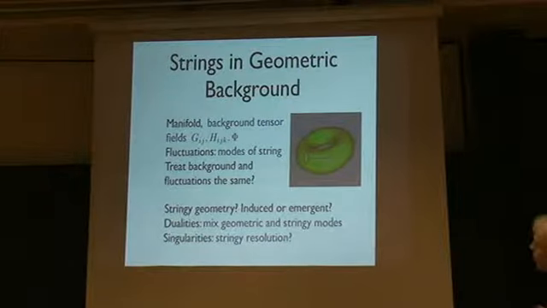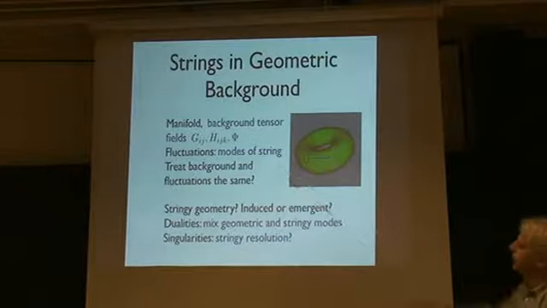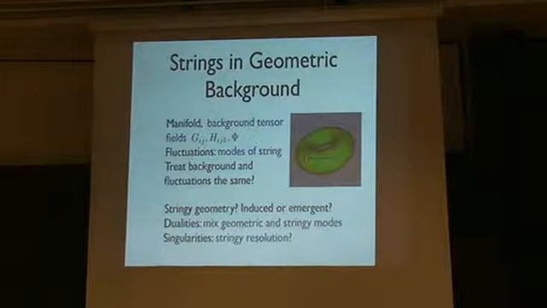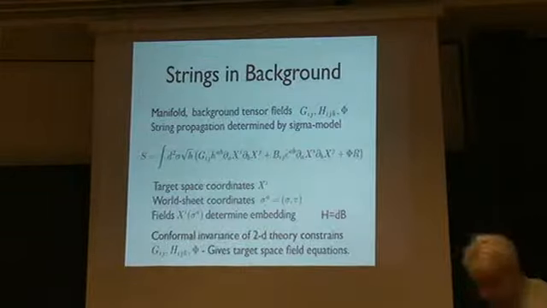And one of the key problems in general relativity is the emergence of singularities in black holes or in the beginning of the universe. One question is what string theory would have to say about that. And this is clearly also intimately related to the question of how one treats the fluctuations about a background and incorporates the background and the fluctuations on the same footing.